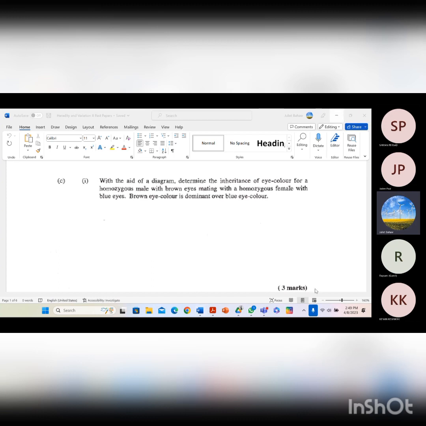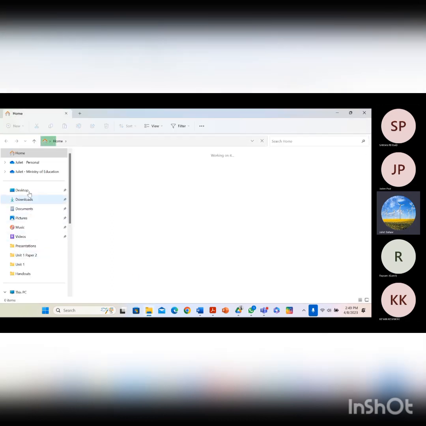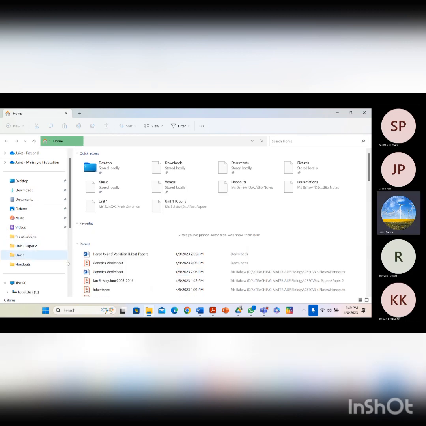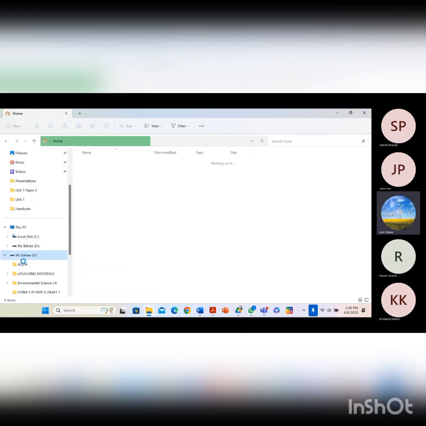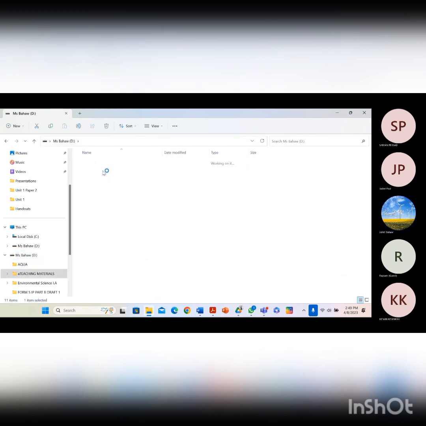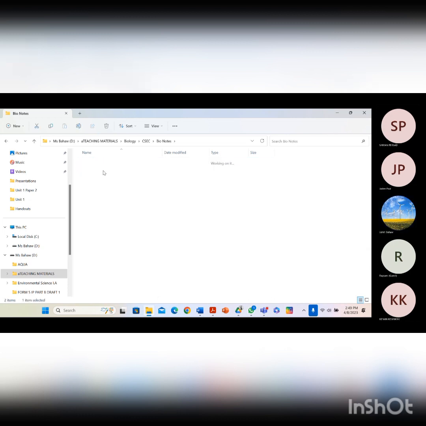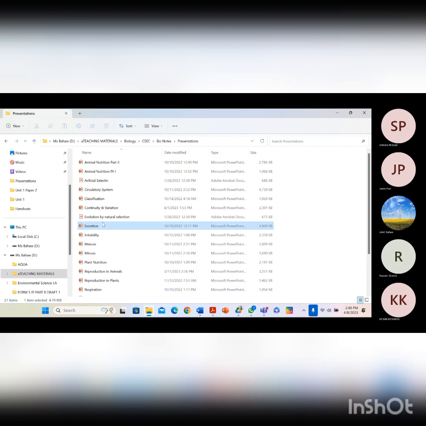I'm going to send you a worksheet. But before I send the worksheet, I just want to show you what we covered in the slides. So when you're going through the notes, look at the working, all right? It's the same file that I posted last week, continuity and variation.